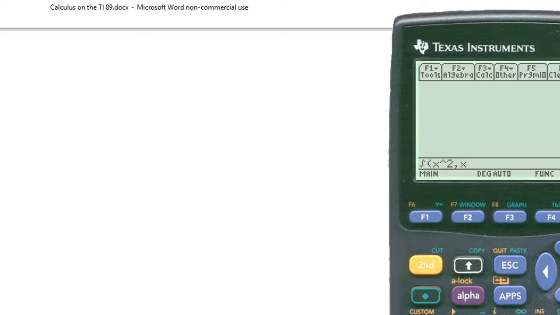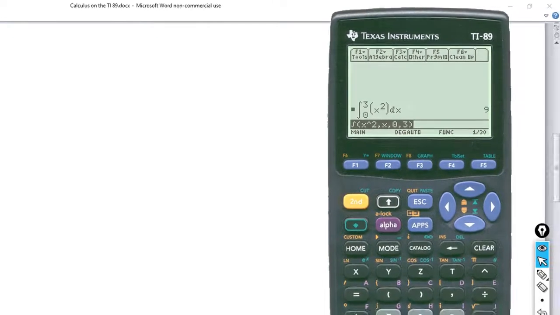So this would be 0, comma 3, close parentheses. There it tells you the definite integral from 0 to 3 of x squared is equal to 9.